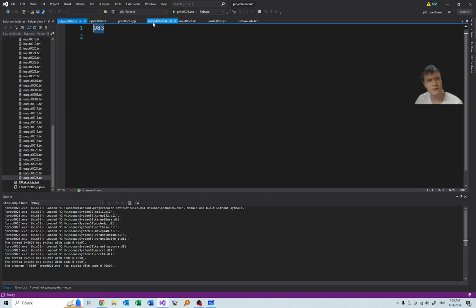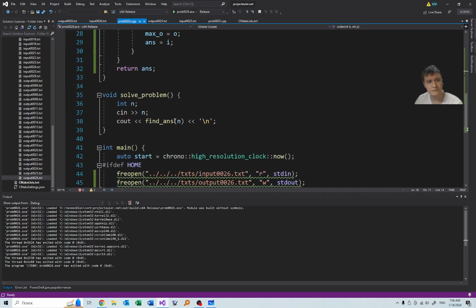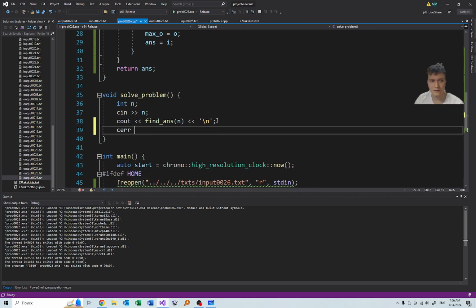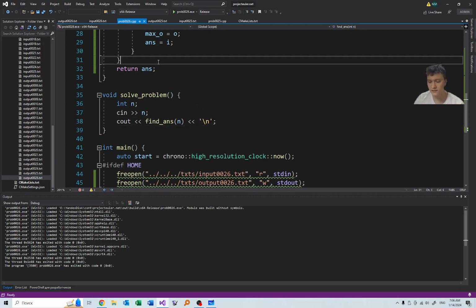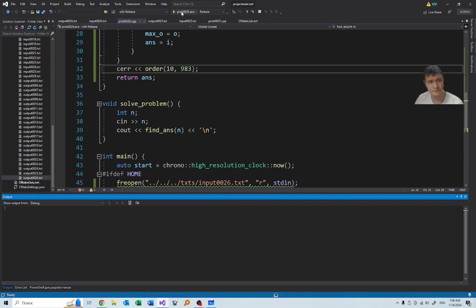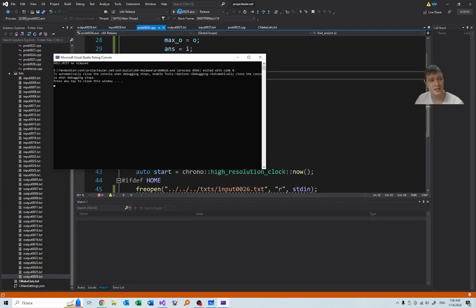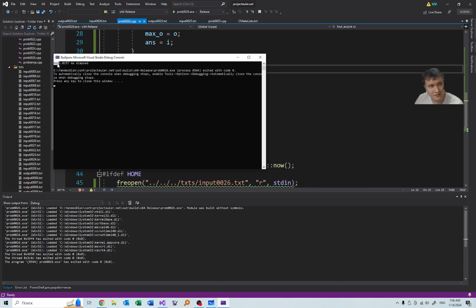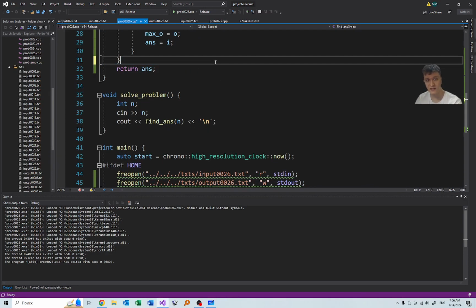I think this is because, okay, let's just print the order of 10 modulo this number. I believe it will be just 982. So we say that, yeah, 982. In this case, we say that 10 is a primitive root modulo 983.